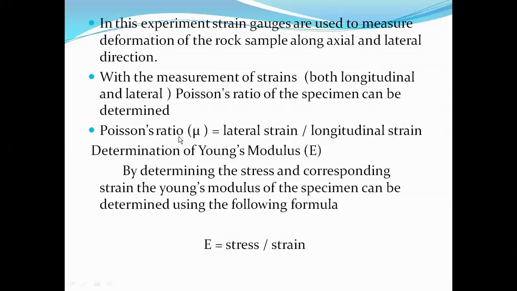So next, the Poisson's ratio mu is equal to the lateral strain to the longitudinal strain.